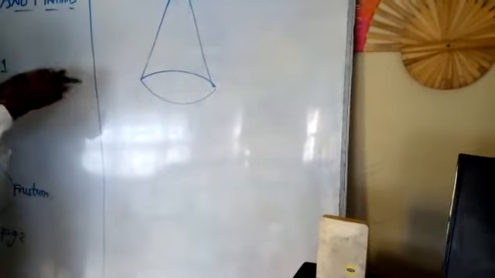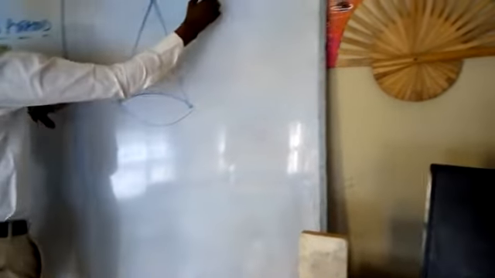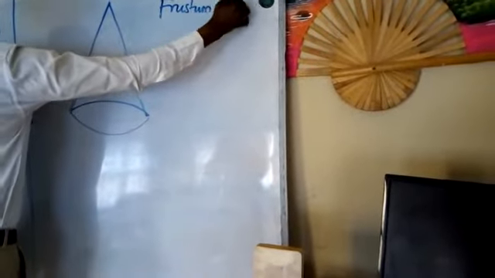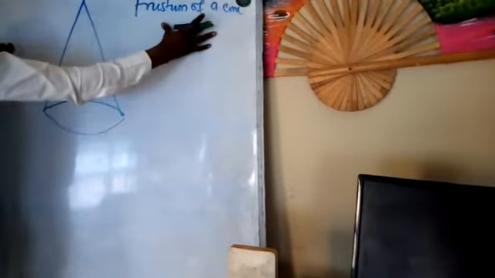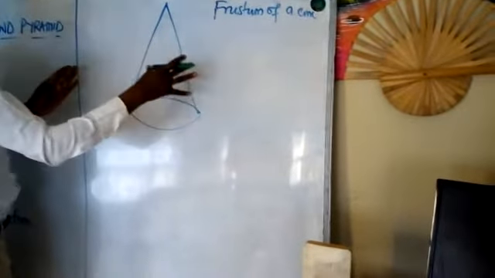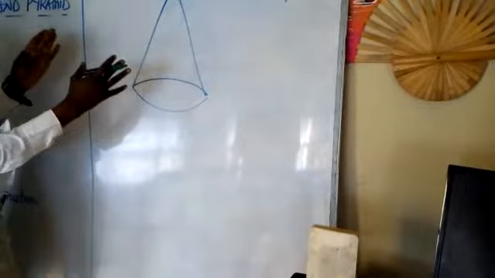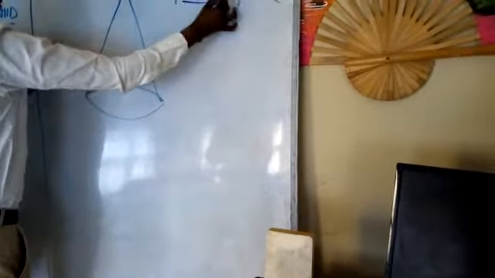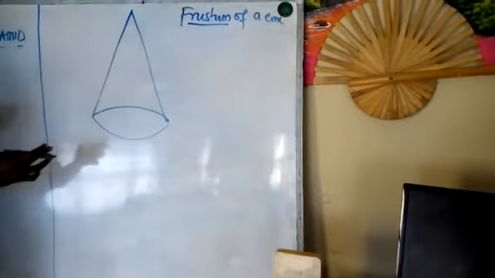So now, today's topic, we are dealing with the frustum of a cone. Now, the frustum of a cone has its own peculiar, specific mensuration, has its own formulas, different from that of a cone. Because we are not dealing with a cone, we are dealing with the frustum. And what do we mean by frustum?